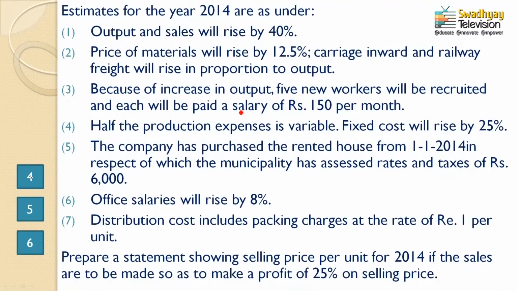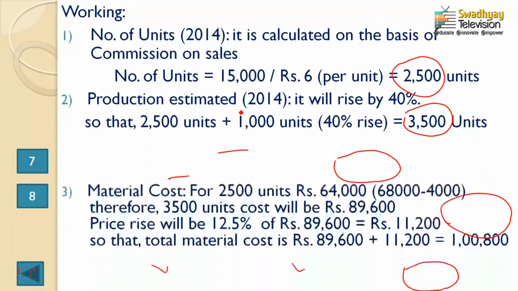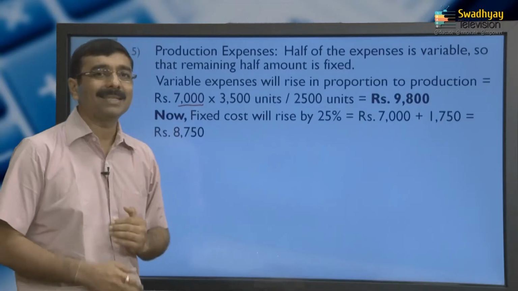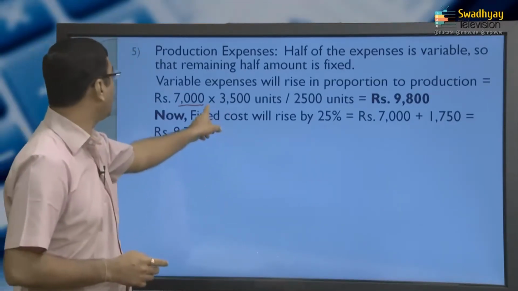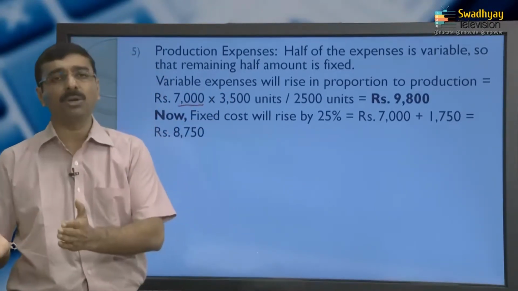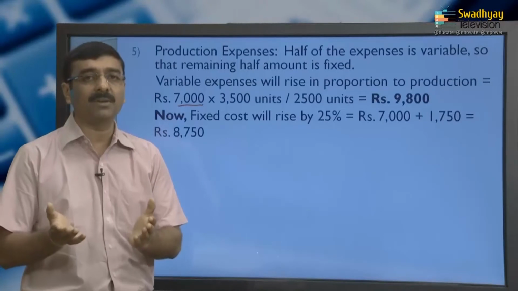The adjustment says very clearly that half the production expenses is variable, so the remaining half is fixed. The variable expenses will rise according to the proportion of production. Half of 14,000 is variable, that is 7,000 rupees, and the remaining 7,000 rupees is fixed expenses.